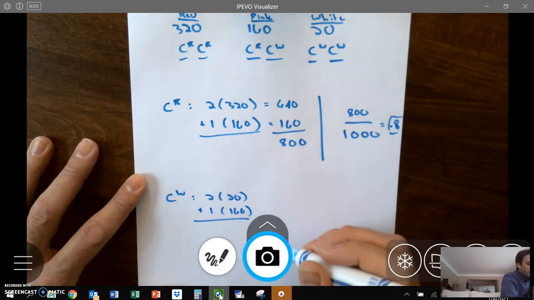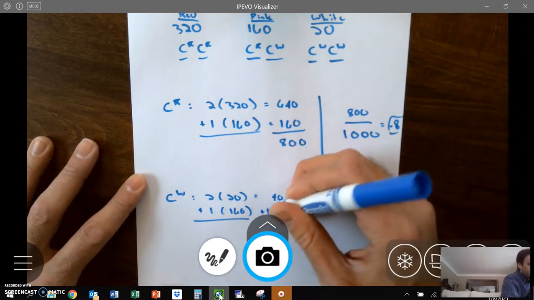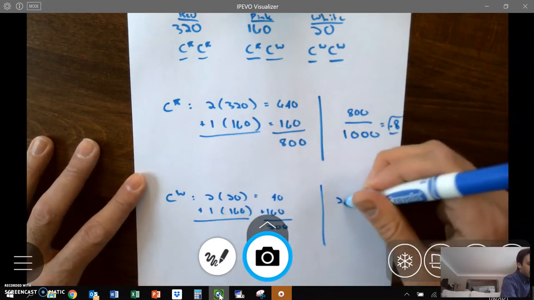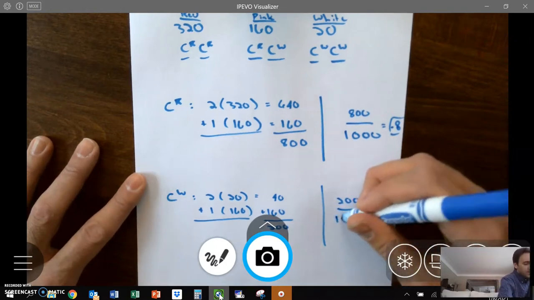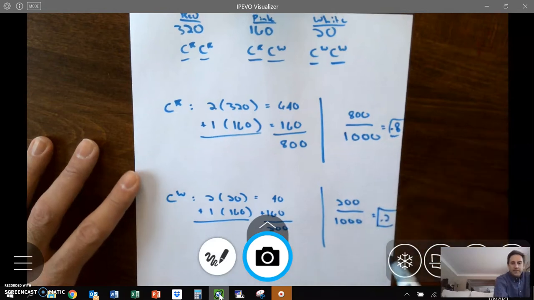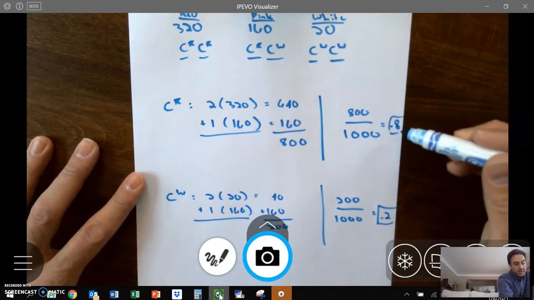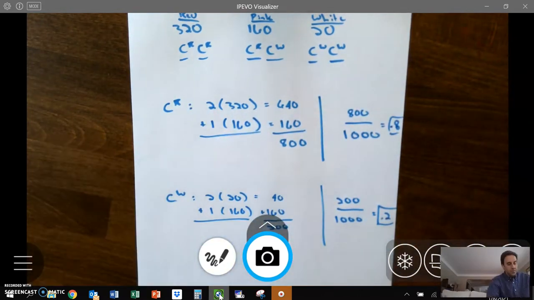That's 40 plus 160, which is 200. Then we take 200 over the total number of alleles in the population, which is still 1,000, and we get 0.2. That should not be a surprise, because if 80% of the alleles are the CR, then the other 20% should be the CW.